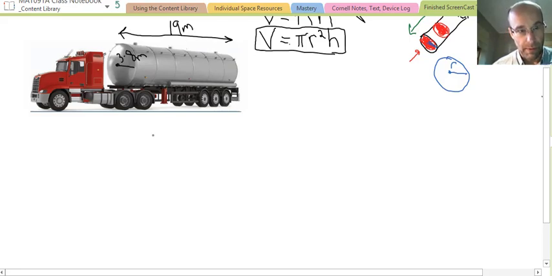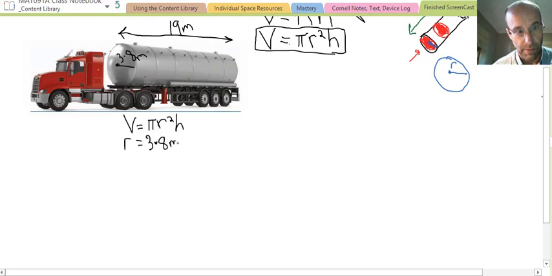So let's have a look at what we've got here. If we start this example down here, V equals A times H, or in other words, pi r squared times H, because we're assuming this is a perfect cylinder. Let's identify: pi is a constant, it's a number, so we've got that. R. Do we have R? Yes, we do. R is 3.8.